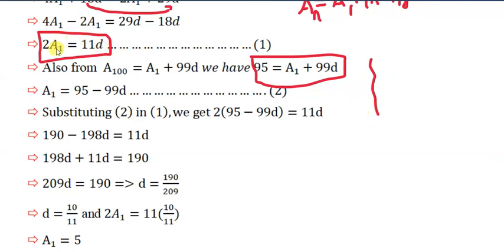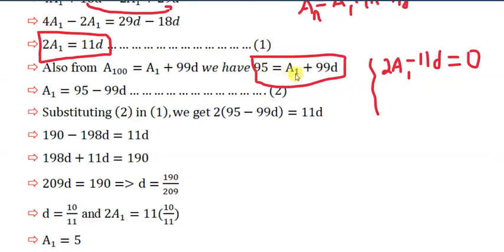Let us move d here. From 1 we have 2a1 minus 11d is equal to, once we move 11d to the left, to the right we have only 0, since it is moved.